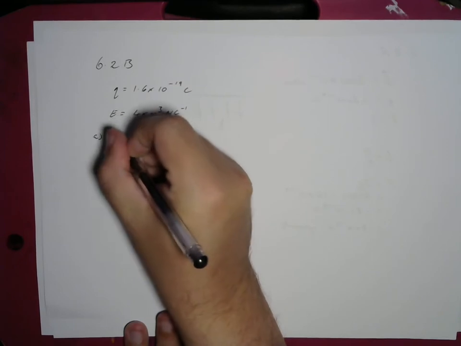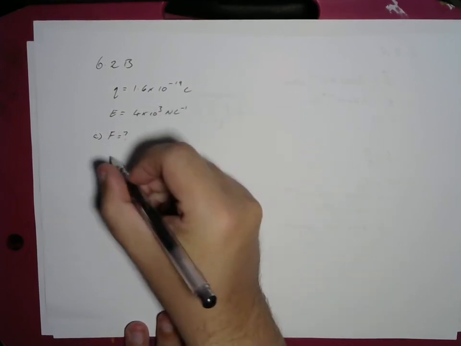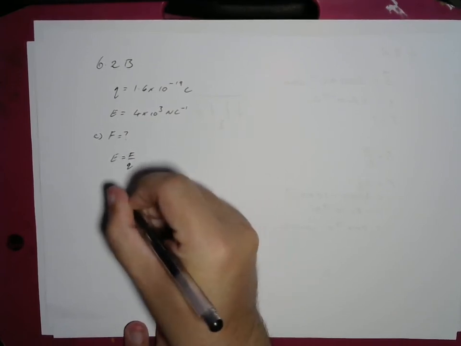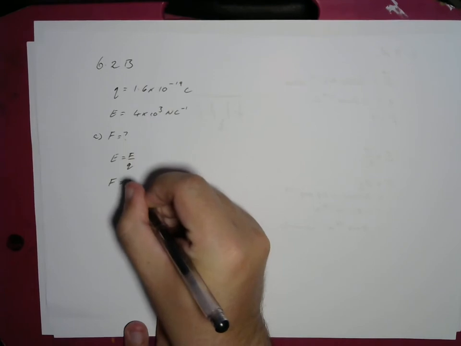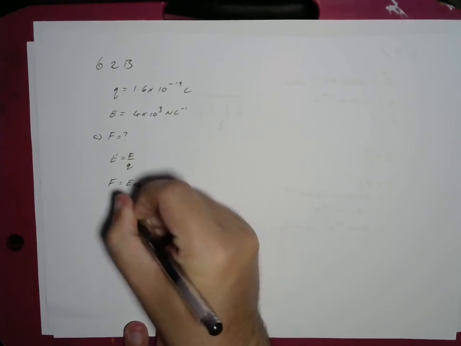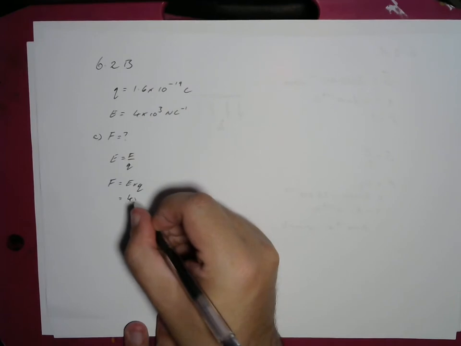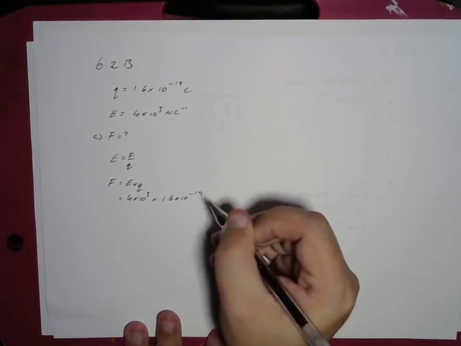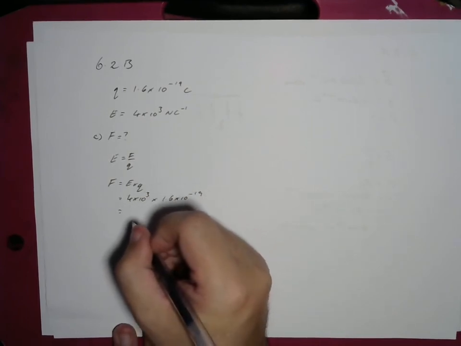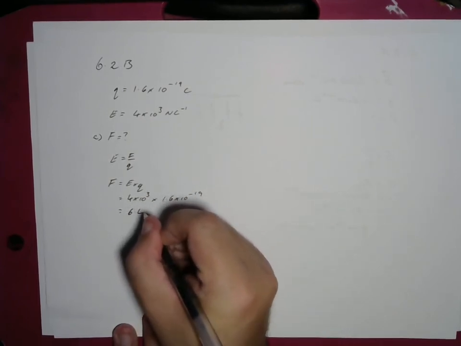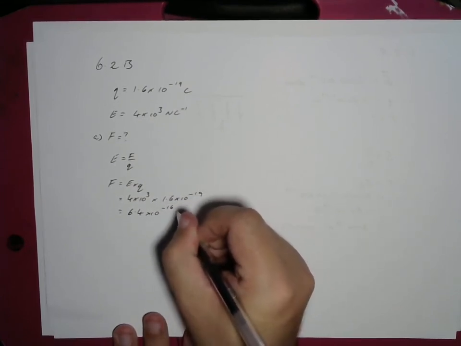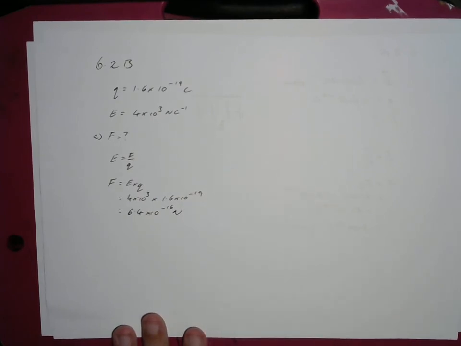So again, same formula, E equals F over Q, so F equals E times Q, equals 4 times 10 to the 3 times 1.6 times 10 to the negative 19, equals 6.4 times 10 to the negative 16 newtons.